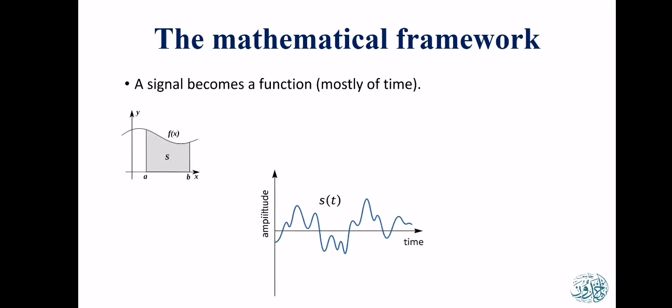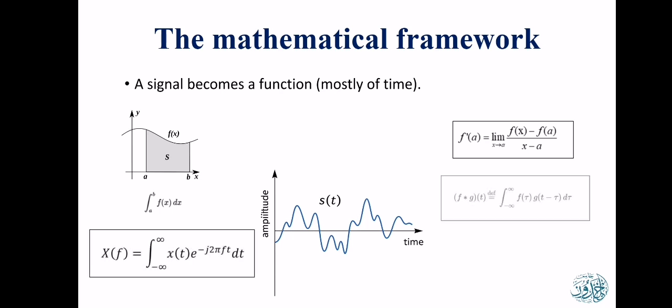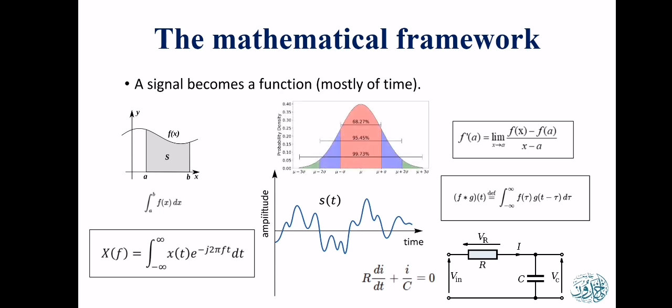So signals, for instance, are transformed into functions of one or several variables, sometimes into vectors and matrices, depending on how we choose to represent them or depending on their nature. For example, a time-varying voltage becomes a function of time, s(t). On the other hand, operations performed on signals are written as mathematical transformations: filtering, modulation, convolution, Fourier transform, and so on.